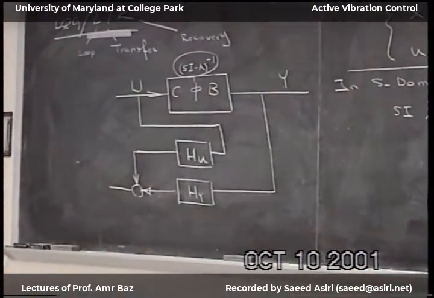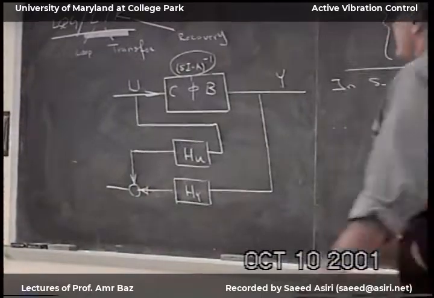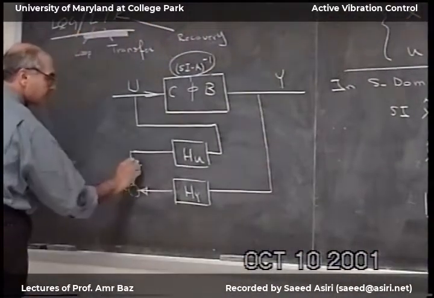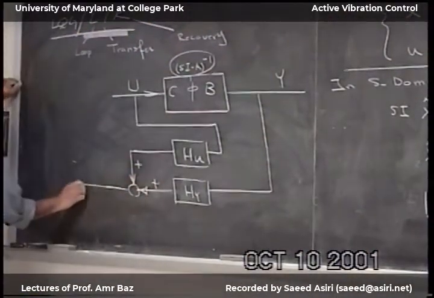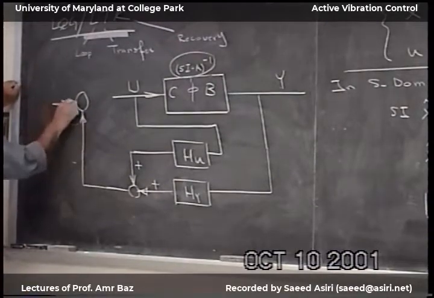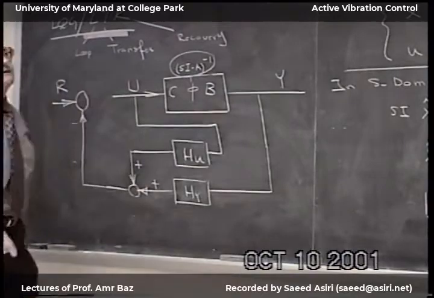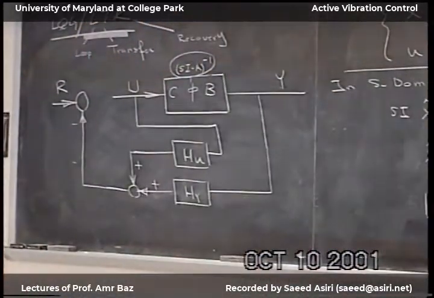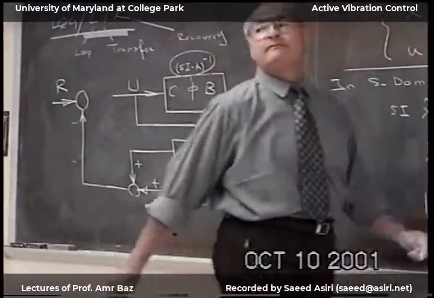Subtract them from the reference command R. And the result is the u.